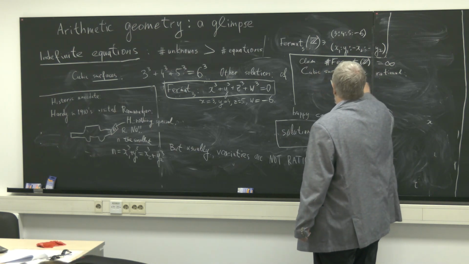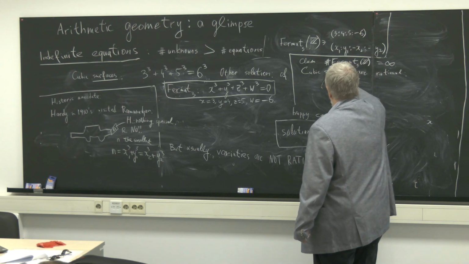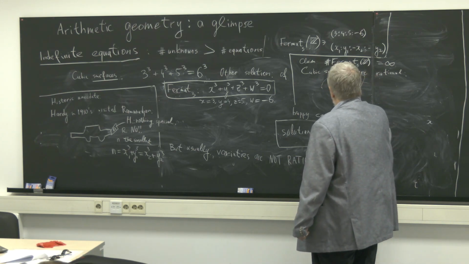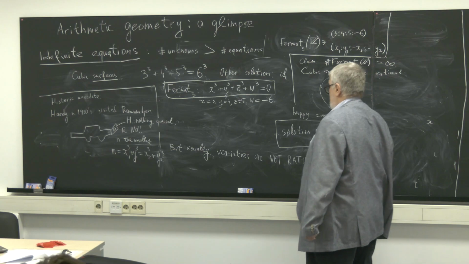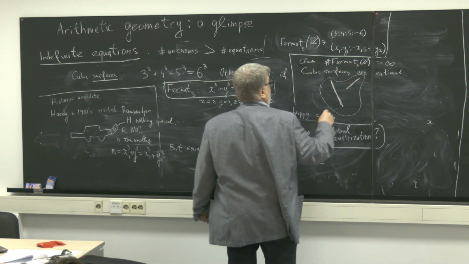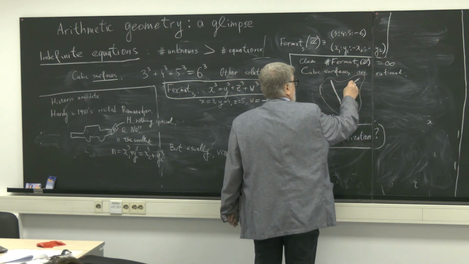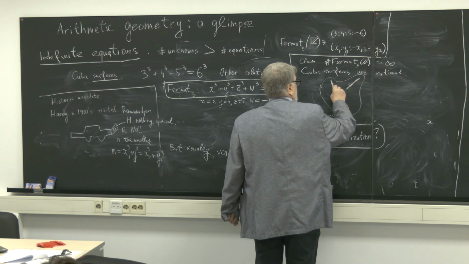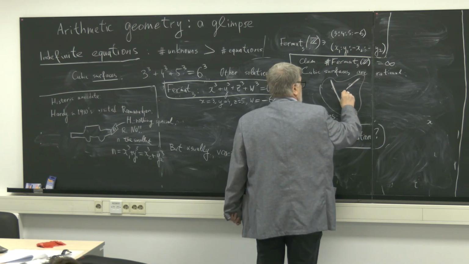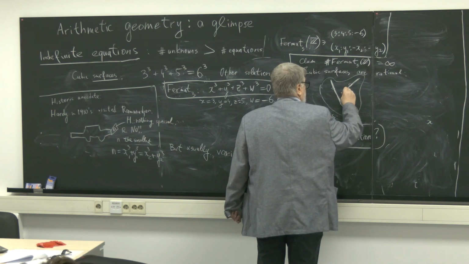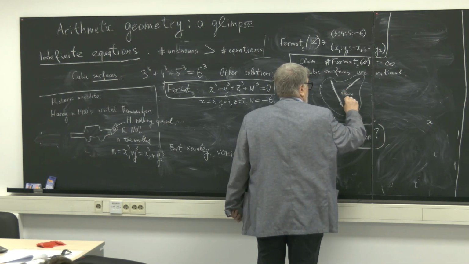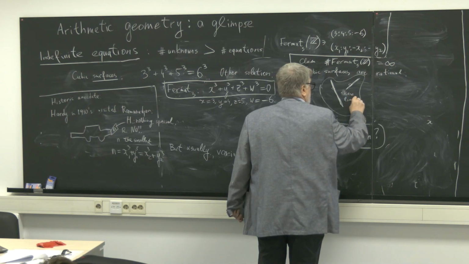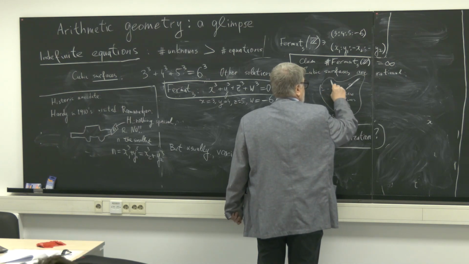Basically, there are 27 lines on them, but it is sufficient to choose 2 skew lines, and here is a rational parameterization.